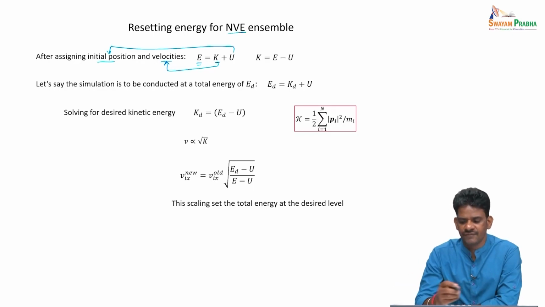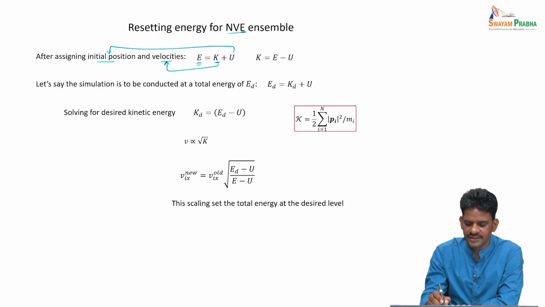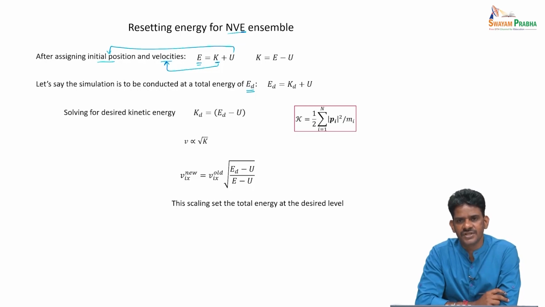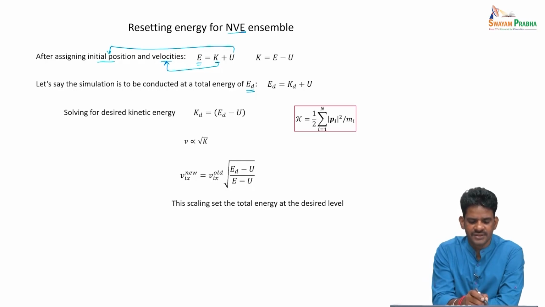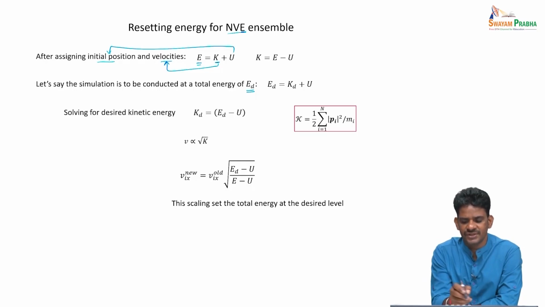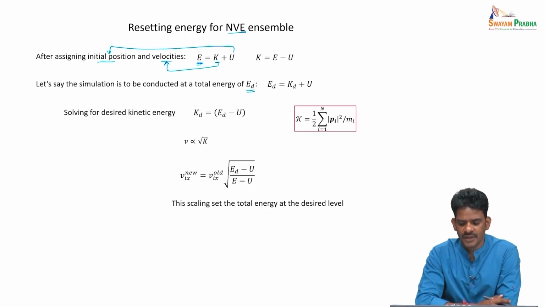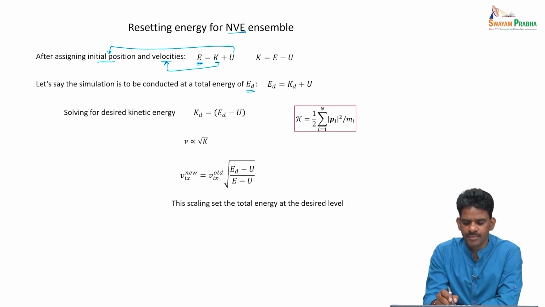However, it may be that we want to do a simulation with a particular energy scale. Let us call that Ed. So, this is the energy that we want the simulation to be performed at, whereas this random initial positioning and velocities would have given a different energy which may not be equal to the desired energy. We also recollect that the total energy can be written as a sum of kinetic energy and potential energy. Similarly, the total desired energy would be the sum of the desired kinetic energy plus the potential energy.